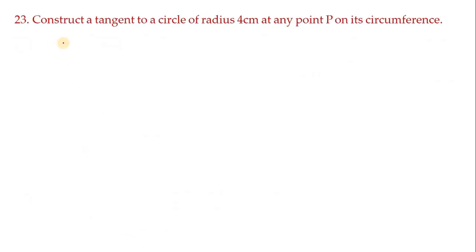Next, it is construction, children. Construct a tangent to a circle of radius 4 cm at any point P on its circumference. In this problem, we have to construct a tangent to a circle whose radius is 4 cm at point P, and point P should be on the circumference.